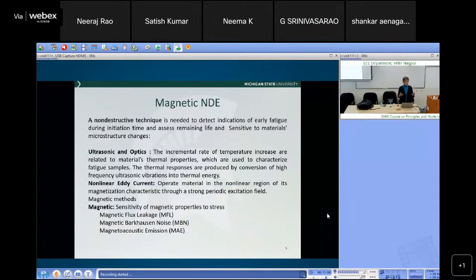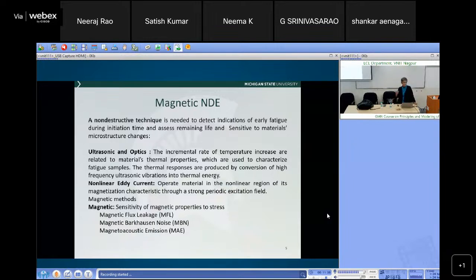When there are stresses, sometimes there is phase transformation. Some fatigue damage can result in changing from martensite to austenitic steel, and since each of these regions has different properties, one isotropic and the other anisotropic, we need indirect methods, and magnetic NDE provides those indirect methods for determining those properties.